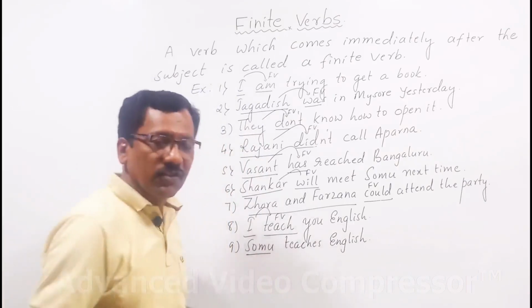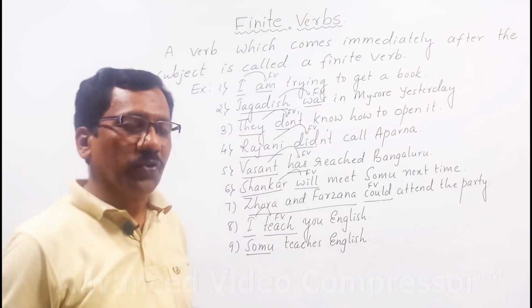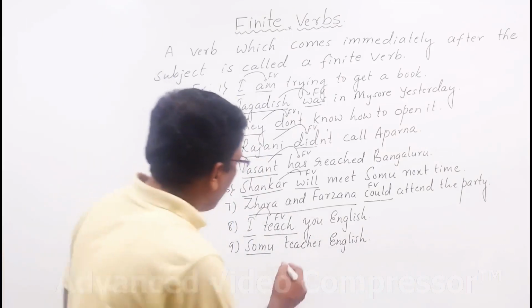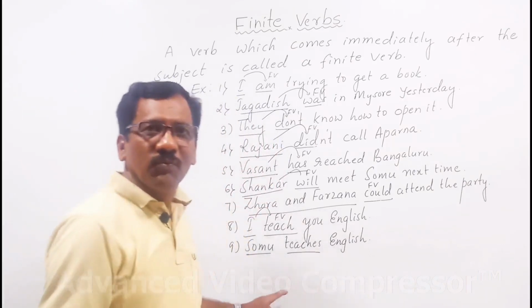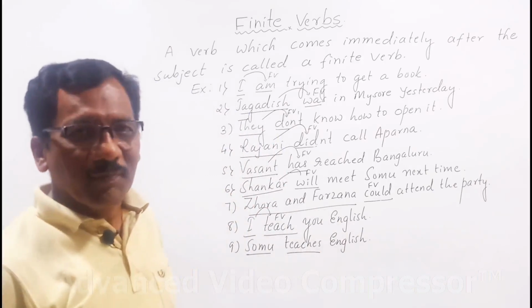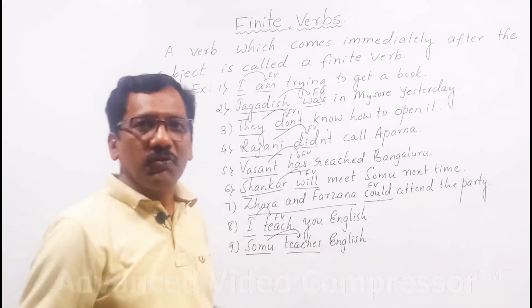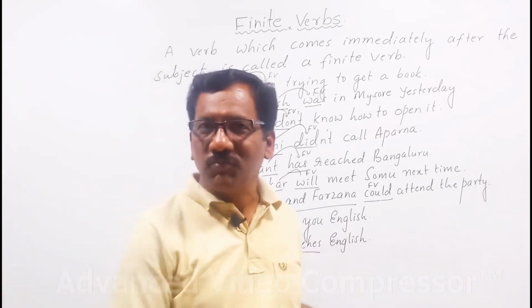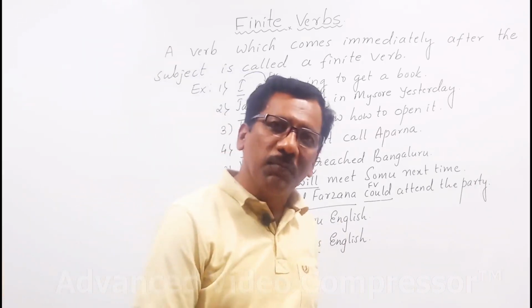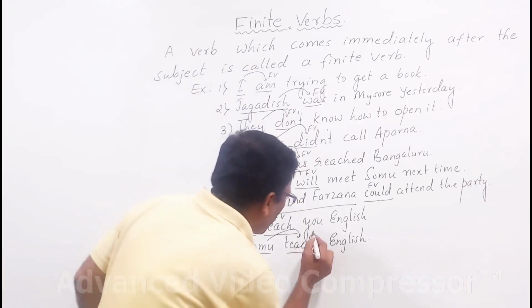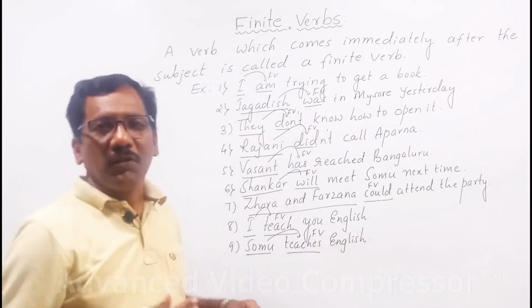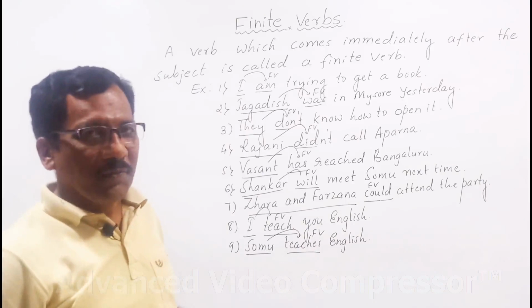Here in this sentence, Somu is what? Subject. And teaches, what is teaches here? Teaches is the main verb. So the word which comes immediately after the subject is a finite verb. So in this sentence, the word teaches is a finite verb. I hope it's clear.